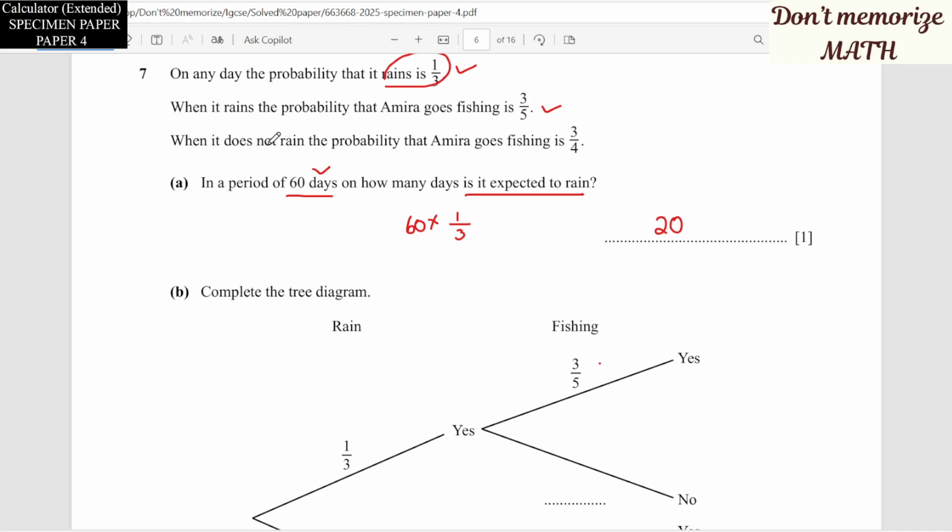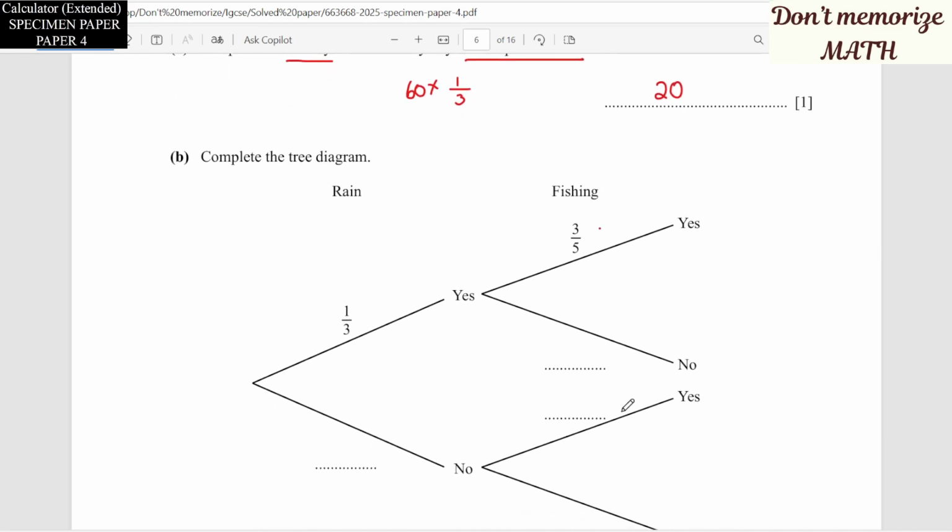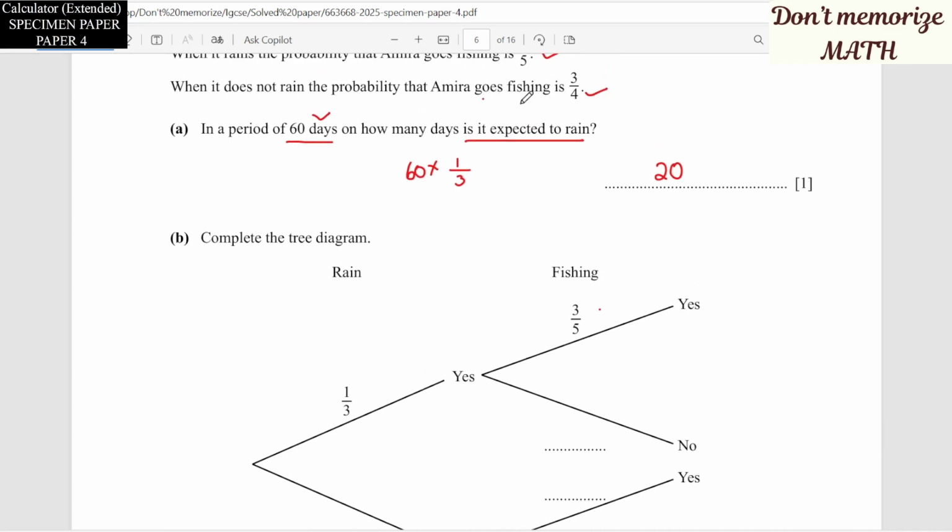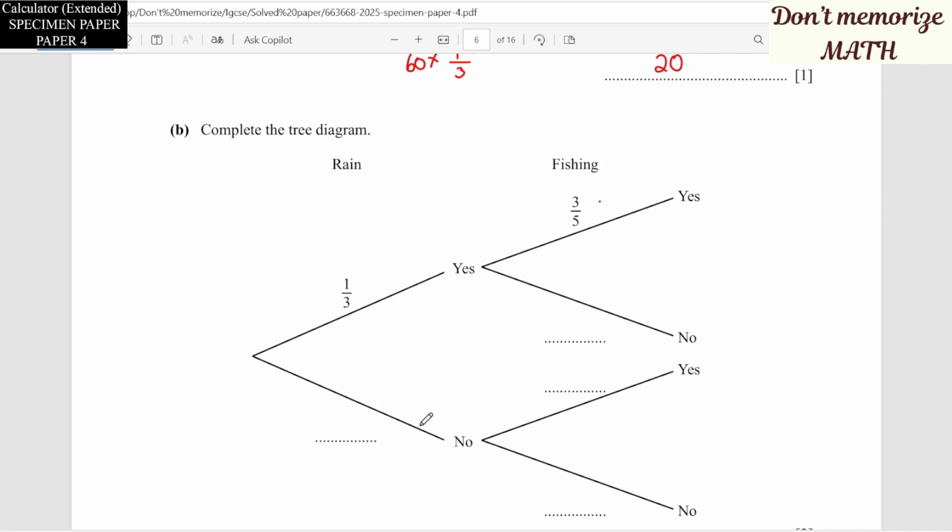Then when it does not rain, so no rain and Amira goes fishing, is 3 over 4. So this is given, 3 over 4.